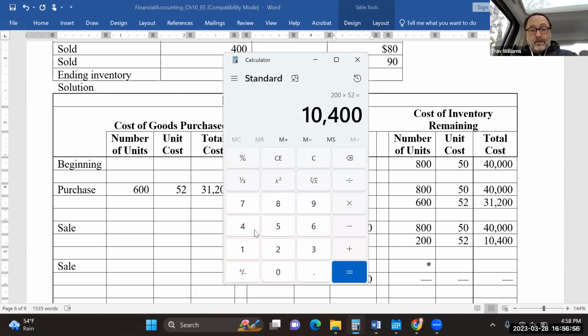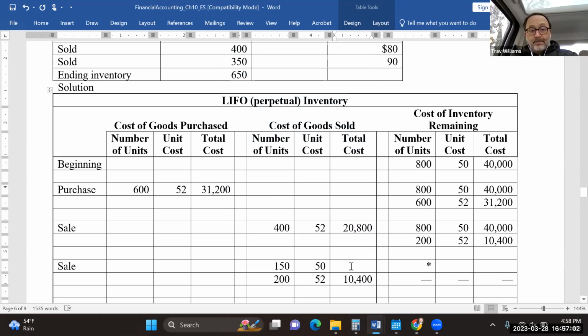So 150 times 50, 7,500. Okay, so that leaves us 650 remaining out of that first lot. Again, at a cost of $50 each. And that comes out to $32,500.